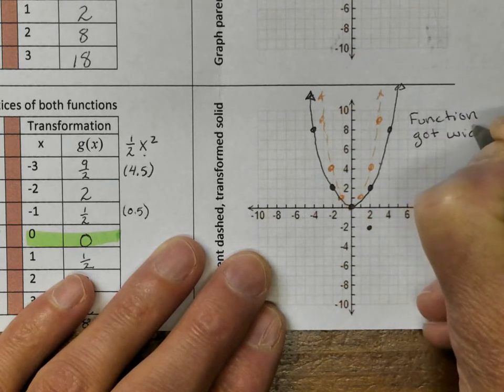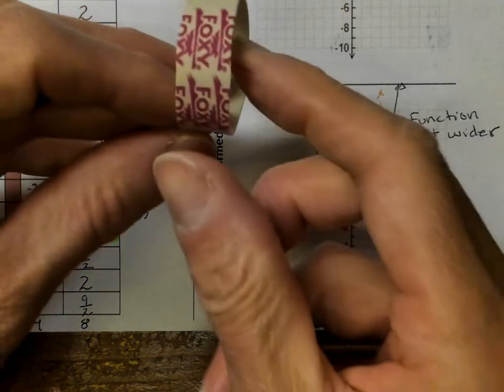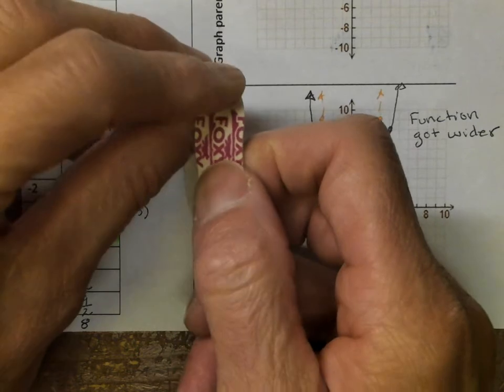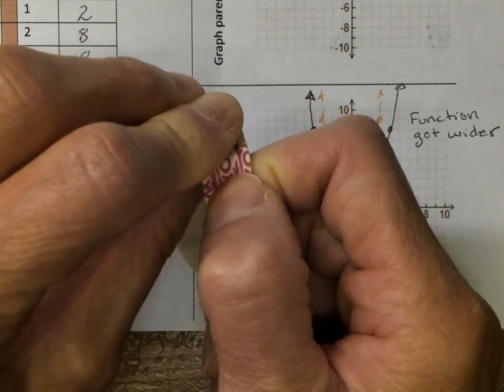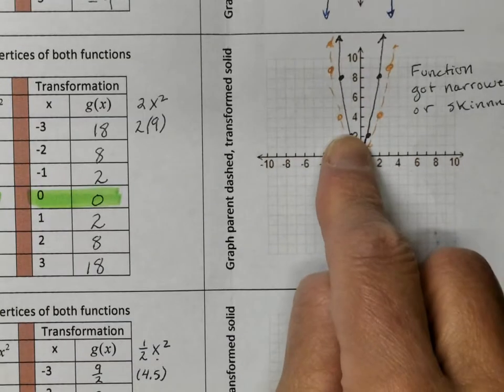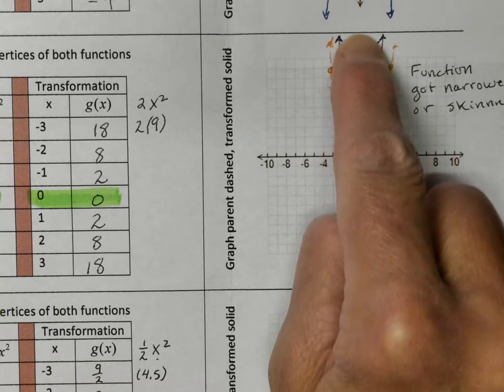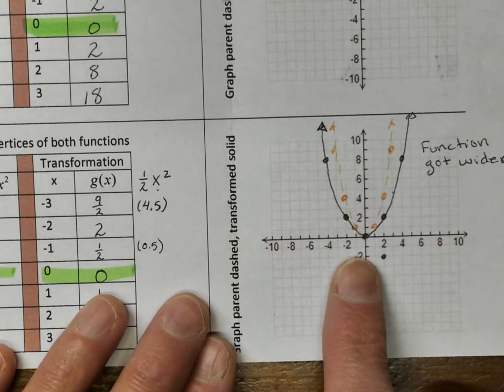Now I can't show you what that would look like on my rubber band because I would have to squish it, and I can't quite squish that rubber band to make it do what I want you to do. But if this is a stretch where it got skinny and tall, if it gets wider, that's a compression.